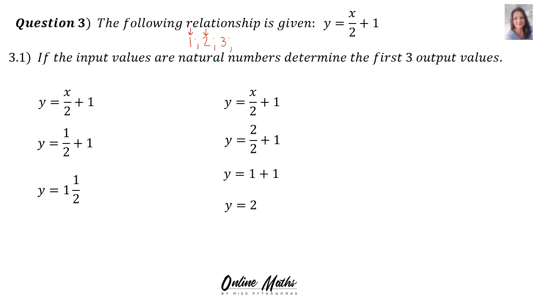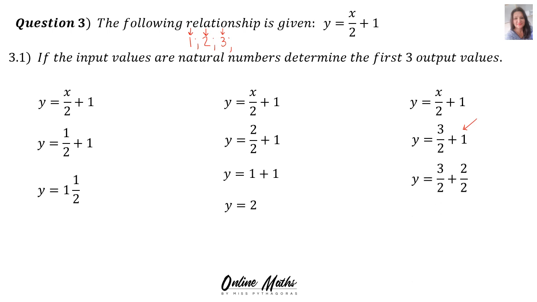And then the third natural number is 3. Into our equation, y is x divided by 2 plus 1. So in x's place, 3 divided by 2 plus 1. And then we have a problem here. When we want to add this plus 1, we need to turn it into a fraction.